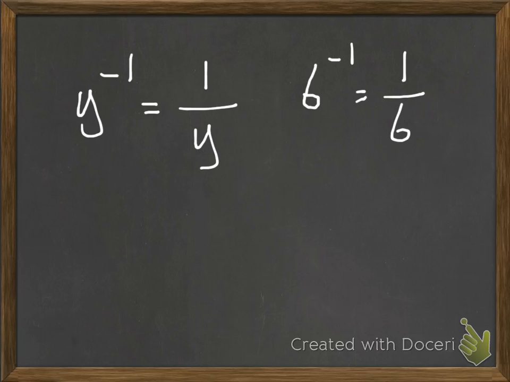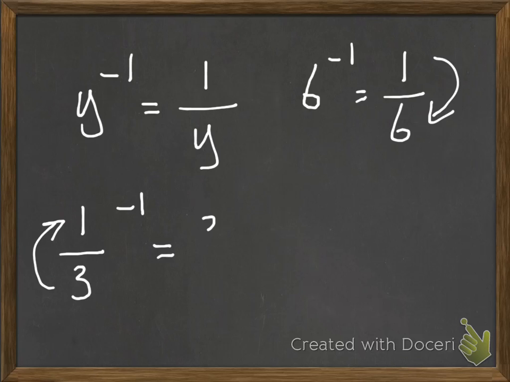Now if I've got something like a third to the minus 1, then just a bit like here I put the 6 on the bottom of the number 1, here I flip it the other way, so that equals 3. A quarter to the minus 1 equals 4. I flip the 4 up to the top.